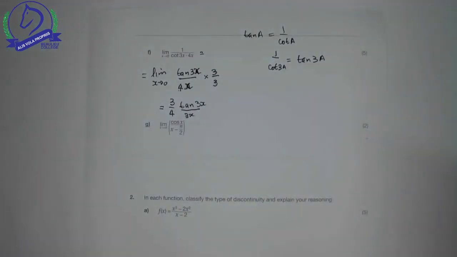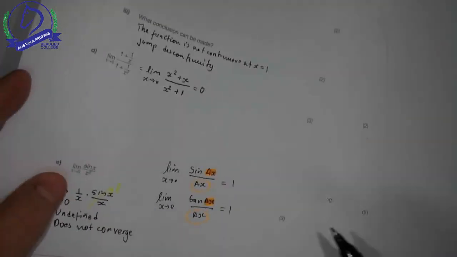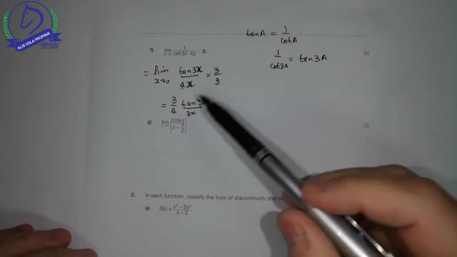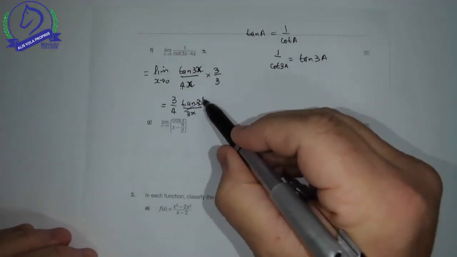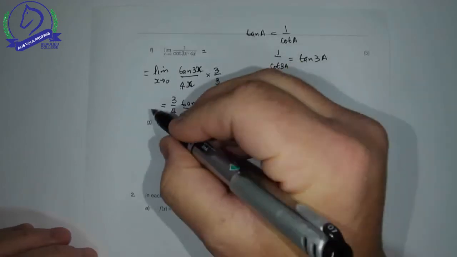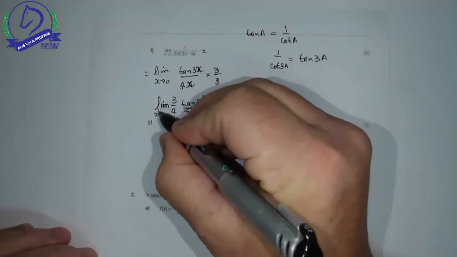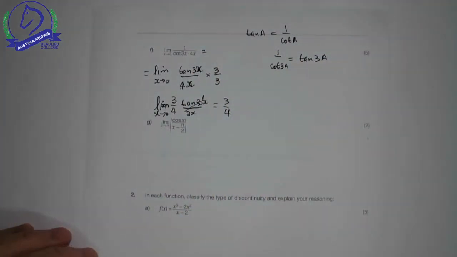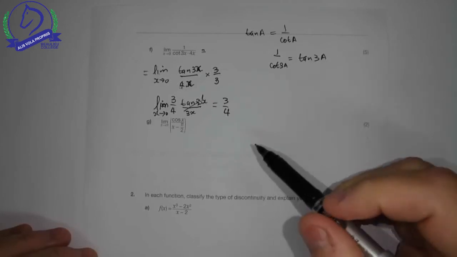Now, according to what I know, the limit when x tends to 0 of the tan of ax over ax is equal to 1. So 3x and 3x, that means this tends to 1, and 3/4 times 1 is equal to 3/4. So the limit when x tends to 0 of this expression is equal to 3 over 4. Okay? Right.